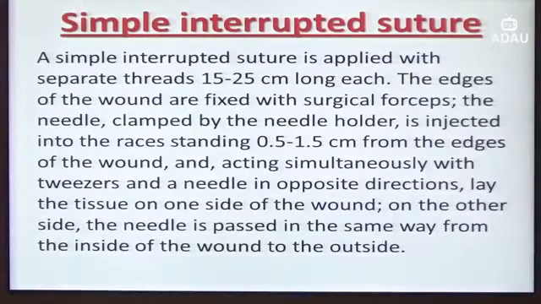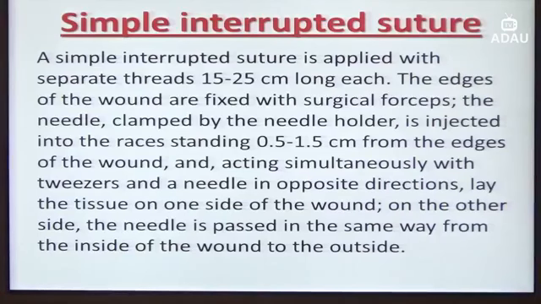And about simple interrupted suture, how we should apply the suture. This simple interrupted suture is applied with separate threads, maybe 15 or 25 centimeters long each. And the edge of the wound is fixed with surgical forceps, and there is a special spacing for each stitch.